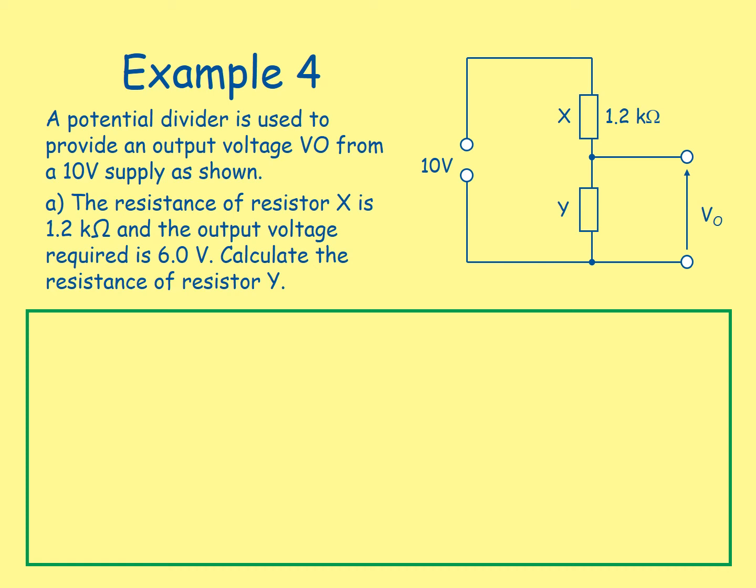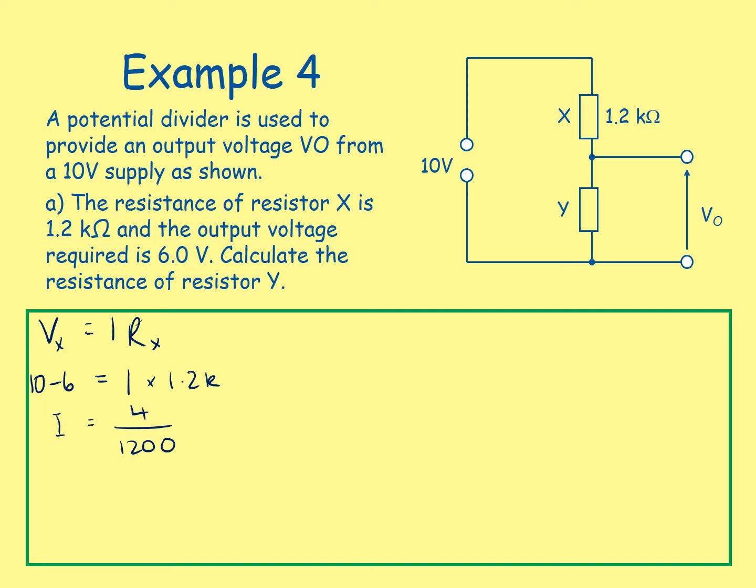So using Vx equals I Rx, because these are the values that we know here. So our Vx is going to be 10, take away that 6 volts that was mentioned. We want to be working out our current, and Rx is given on the diagram, that's 1.2 kilo ohms. So I is 4 over 1,200.